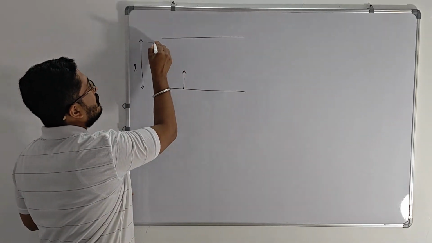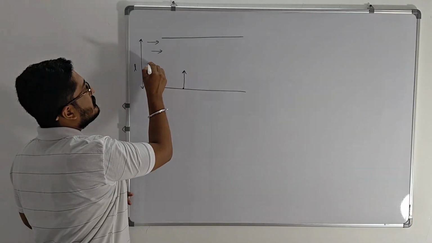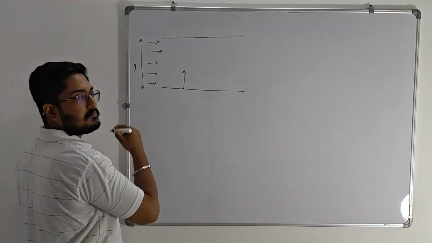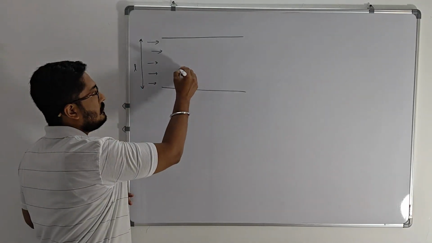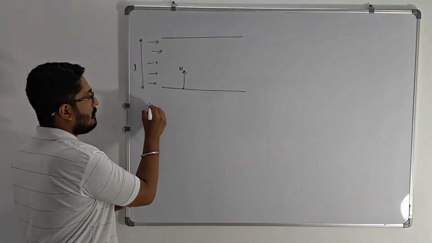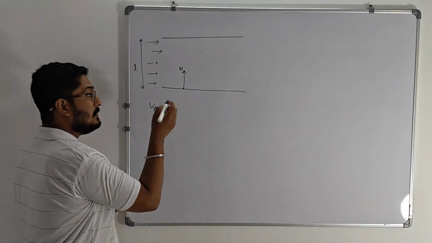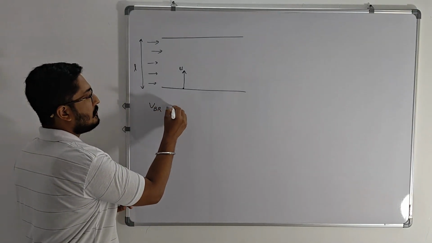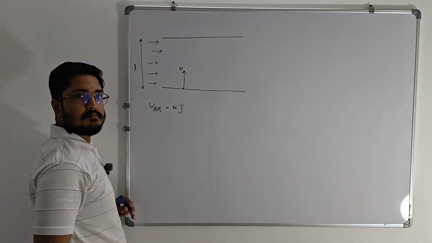And this is the direction of the flow of the river. So this is u. So can I say the velocity of the boat with respect to the river is equal to u j cap?